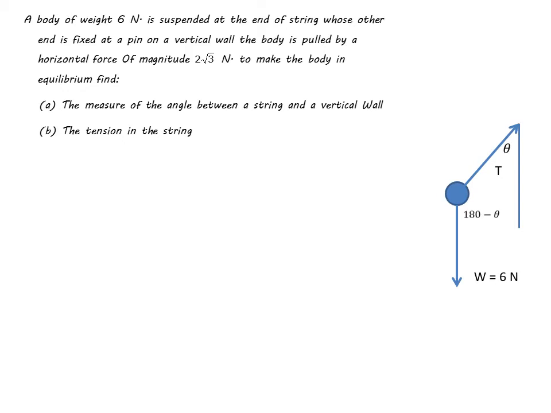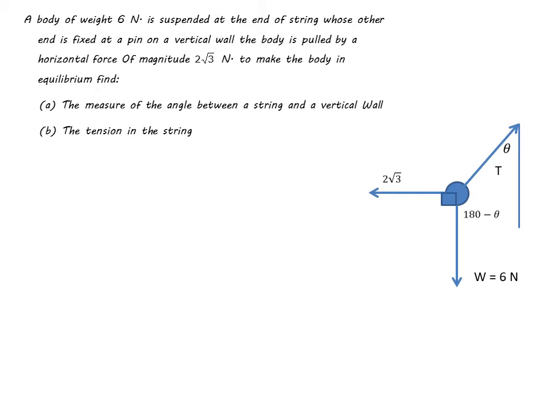Then the body is pulled by a horizontal force of magnitude 2√3 Newton. That means that the third force will be horizontal. It makes a right angle with the weight, vertical and horizontal. Here the angle will be 90, and the magnitude of this force equals 2√3. How to find the third angle?